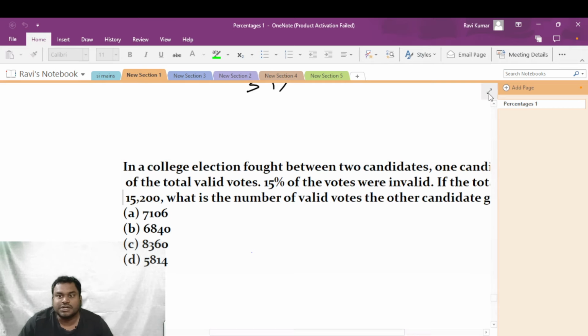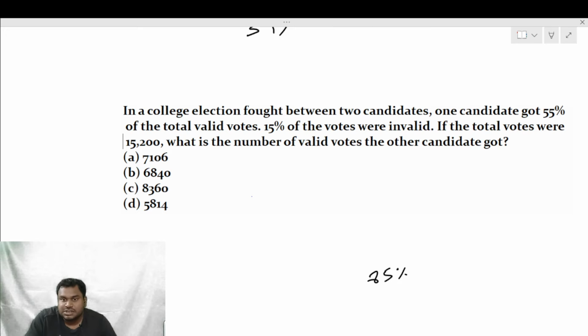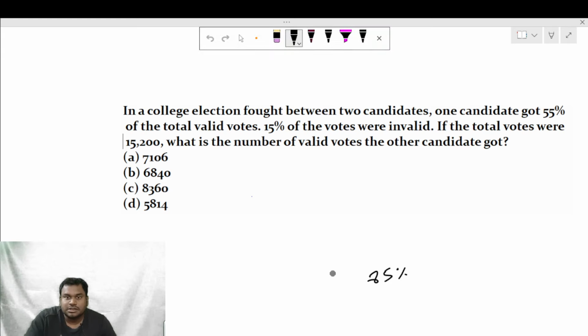The total votes were 15,200, out of which how many votes are valid? 85% valid. So it means 85 by 100 into 15,200 are the valid votes.